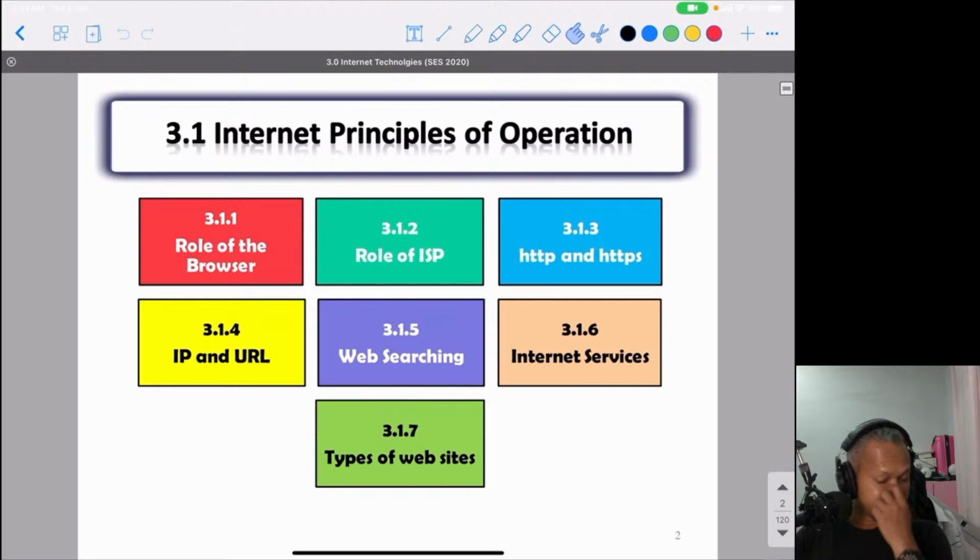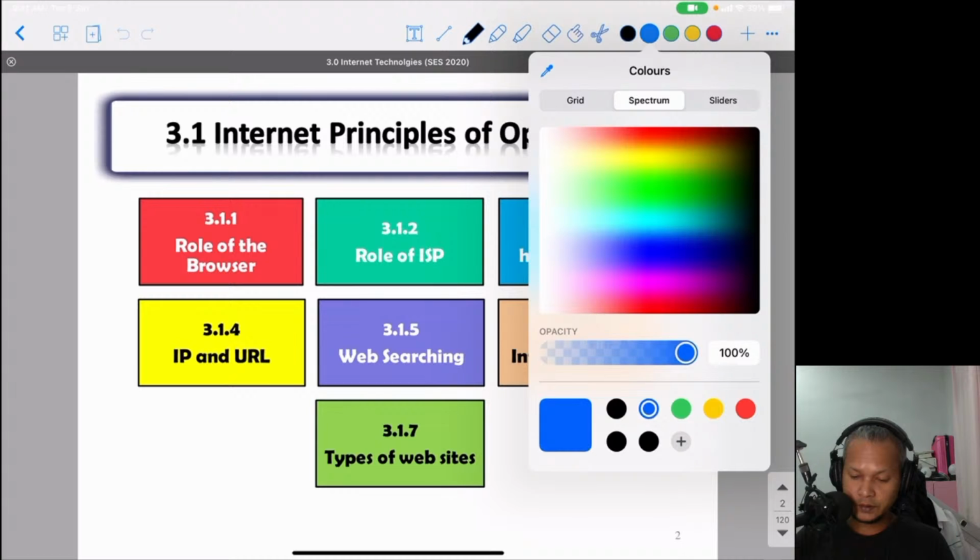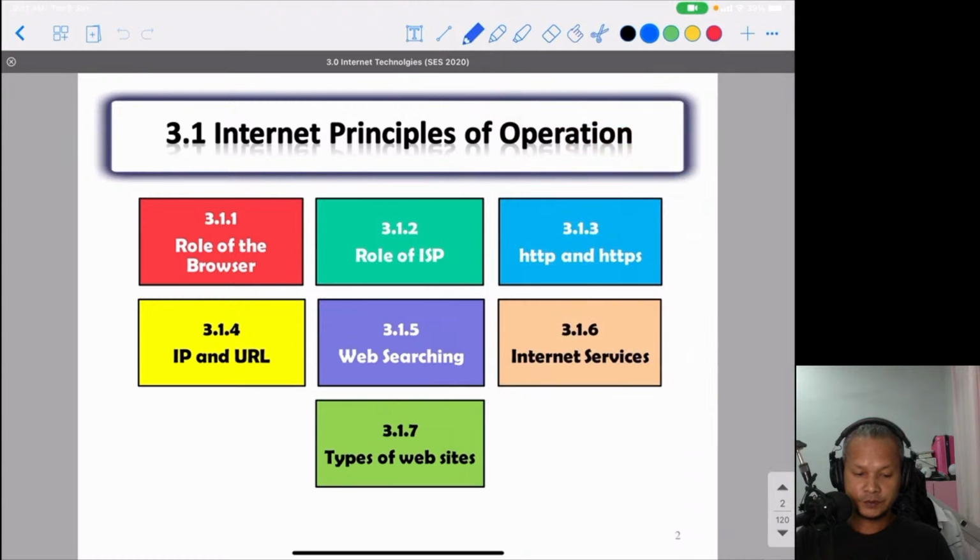So the first thing is you need to know the principle of operation. The internet principle of operation has the role of a browser.